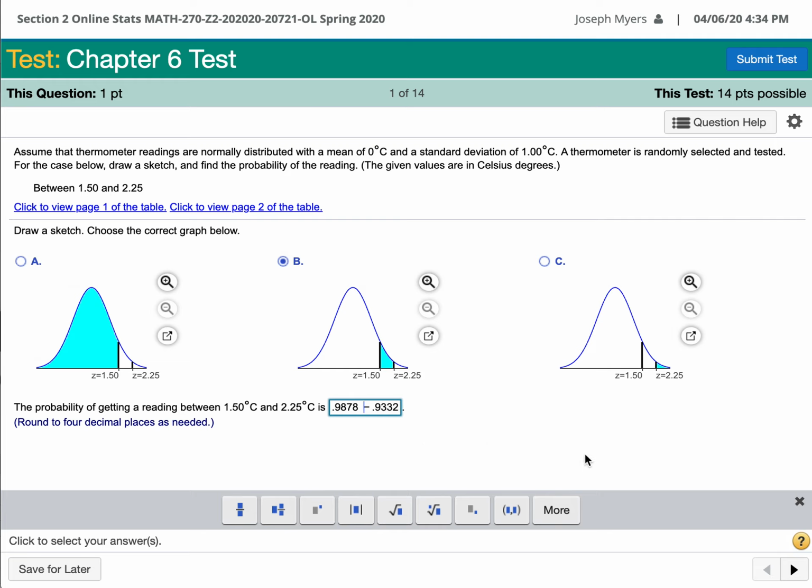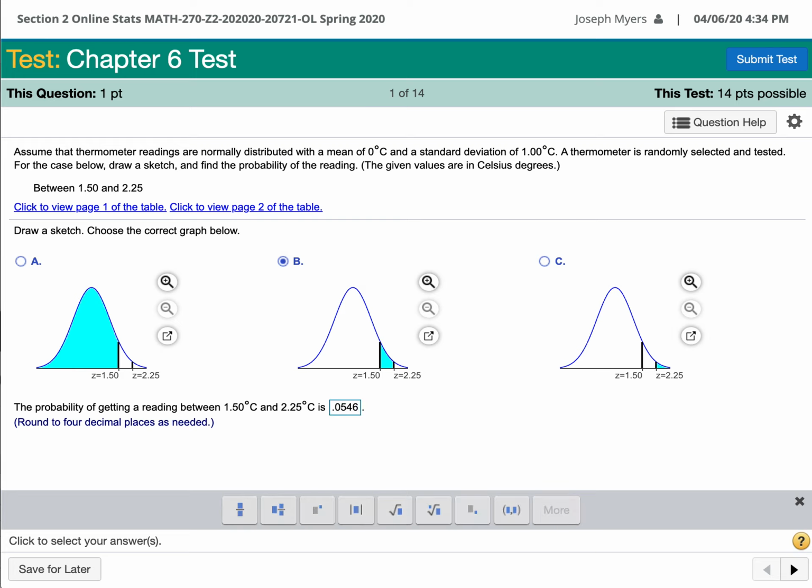I'm just going to do that on my phone real quick. 0.9878 minus 0.9332, and what I get is 0.0546, rounded to 4 decimal places.